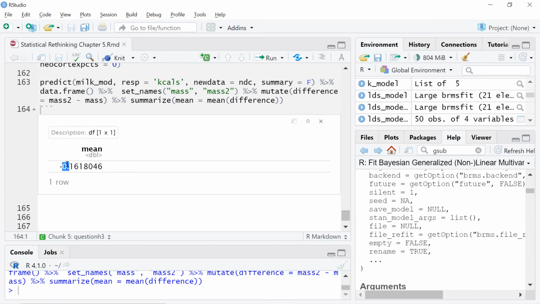And supposedly, I do not know much about primate milk, but a higher mass of an animal is associated with lower kilocalories per gram, if I remember correctly. So I guess this kind of makes sense. If we're doubling mass, we think that it affects kilocalories, and we would expect those to go down.